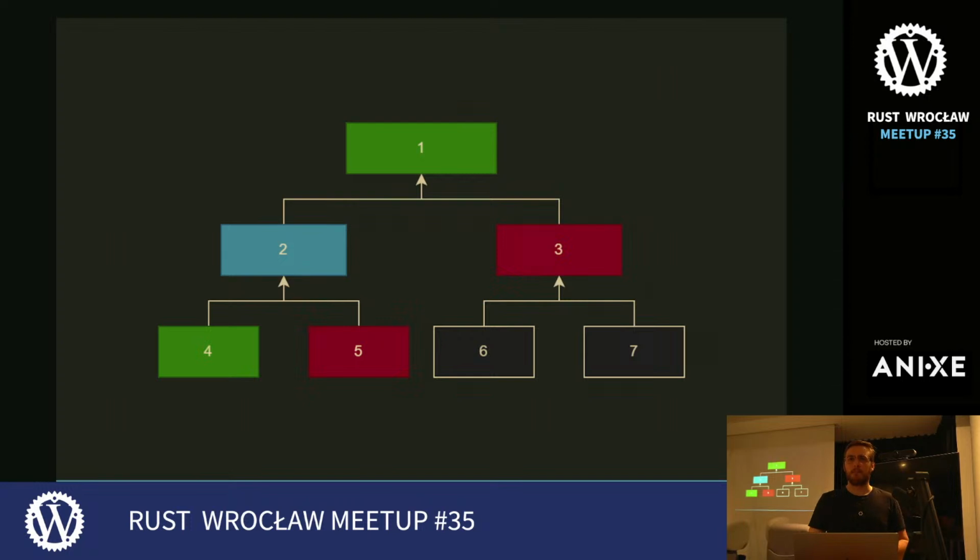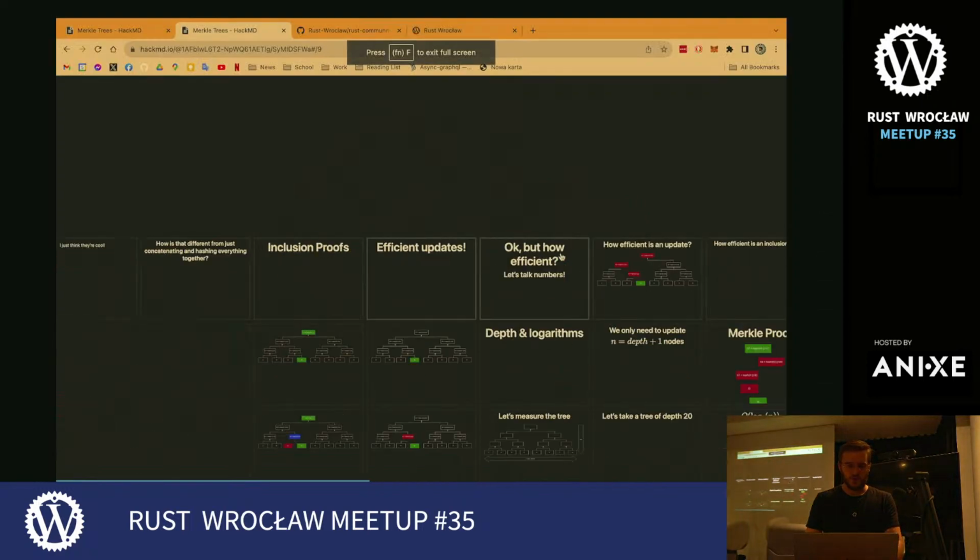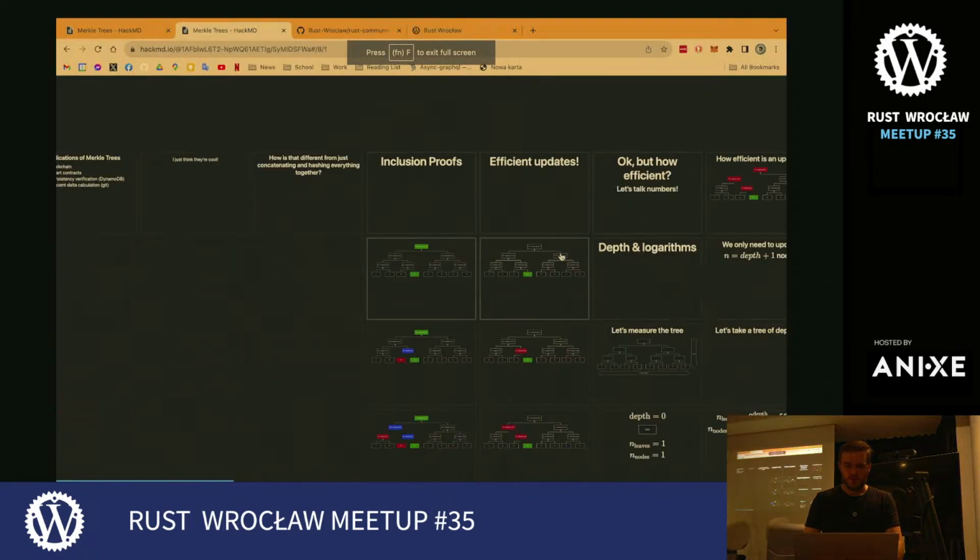Could you expand a bit more on what a proof here is? Yeah, a proof allows us to verify that a given leaf contributes to the root in an efficient manner using only O(log n) items, right? Say you want to send it across a network or store it in a database or something.